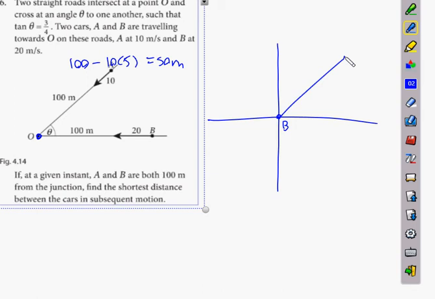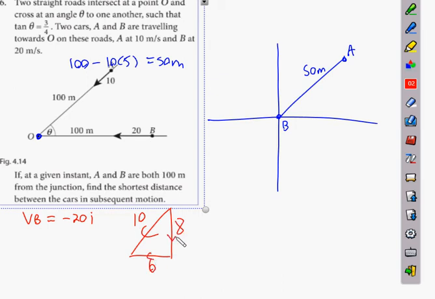Okay? Now, we then worked out the relative velocity like we did normally, okay? PB was minus 20I. We know that VA goes 10 down, and we worked out the tan of the angle, the opposite and the adjacent. We have no problem with this. It's 8 and 6.